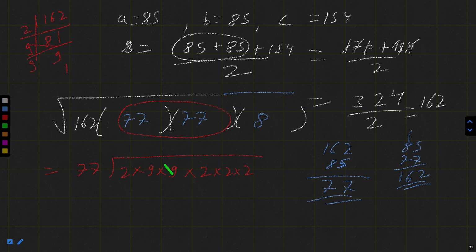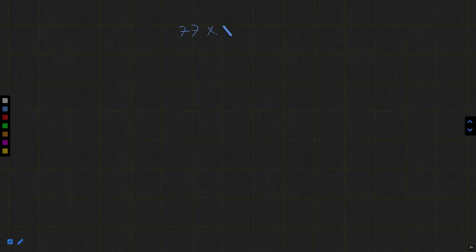If you see, one pair of 9 and one pair of 2s. So taking one number from each pair, I'll have 77 times 2 times 9 times 2, which is equal to, 2 times 2 is 4, and 4 times 77.